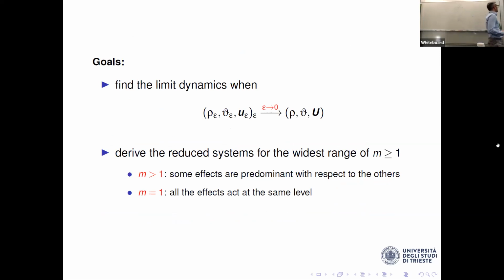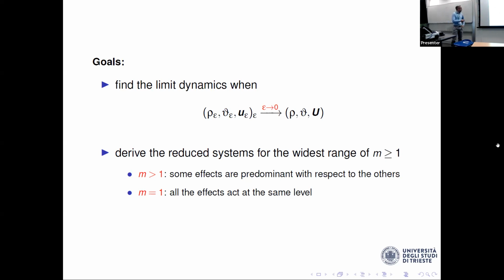That means we would like to describe the limit dynamics for a reduced system that at the limit is usually simple with respect to the primitive system, but still captures the main feature of the original problem. And also we would like to derive the reduced system for the widest range of the parameter m.